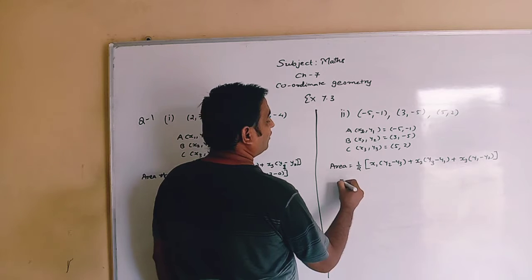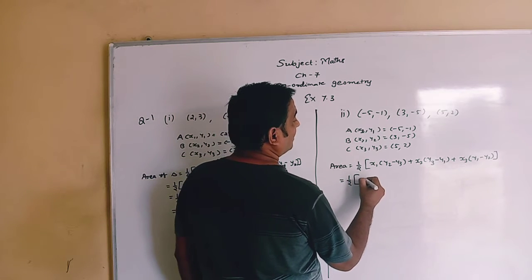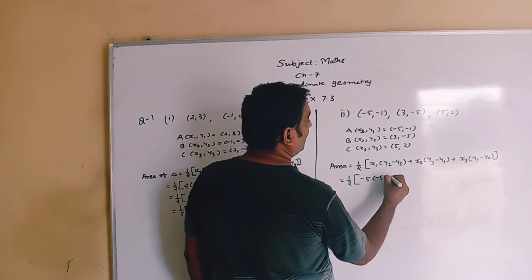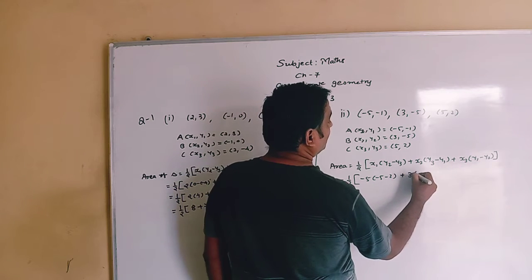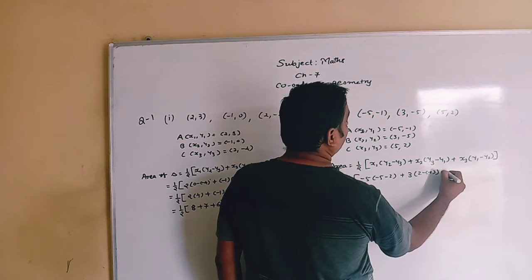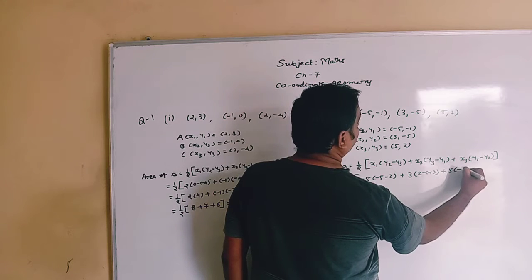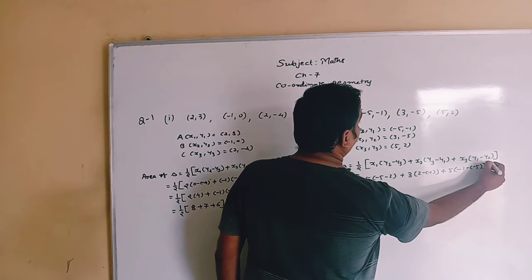We substitute the values: 1 by 2 [-5 (-5 minus 2) plus 3 (2 minus (-1)) plus 5 (-1 minus (-5))].